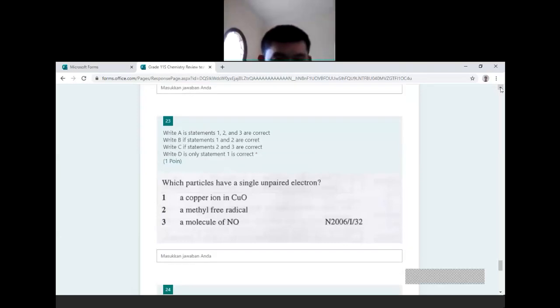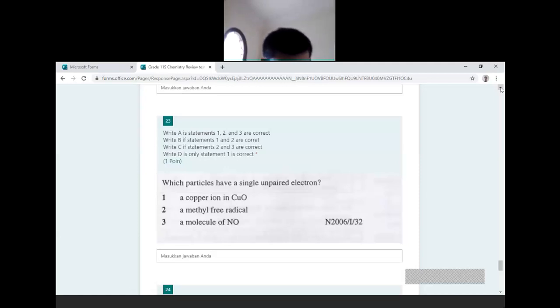Number 23, which particles have a single unpaired electron? Of course, it is copper, because copper is in the D block, and then in a metal free radical there is an unpaired electron, and also in the molecule of nitrogen monoxide.